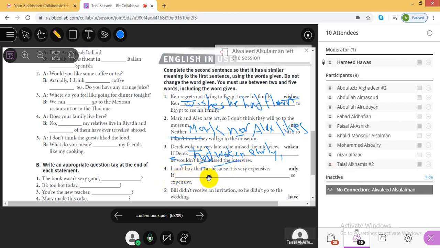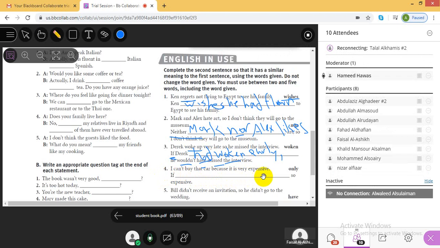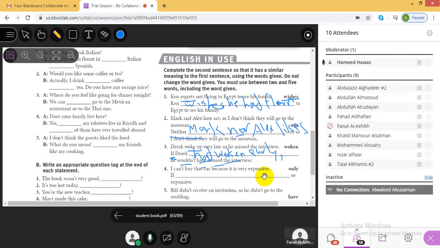I can't buy that car because it's very expensive. So the present situation: I go to the car company, and I say, I can't buy that car because it's very expensive. You wish you had the money to buy that car, but it's improbable because you don't have it now.